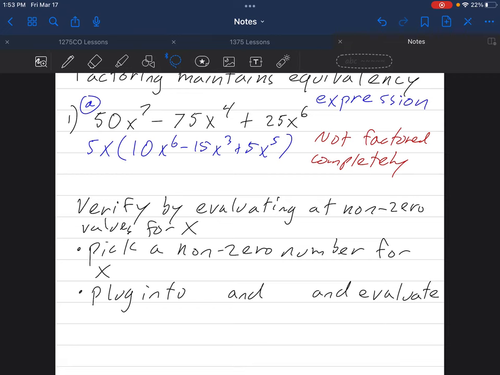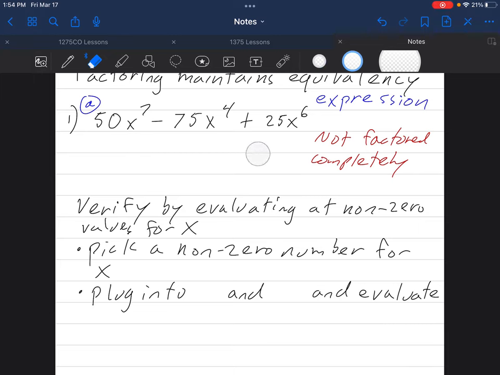That means you can still find something to divide into all three of these terms, whether it's numbers or letters or both. That's part of the issue that we're trying to solve. So 5x is useful, but it is not complete, which is the problem.